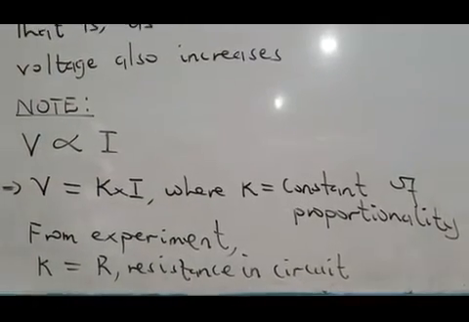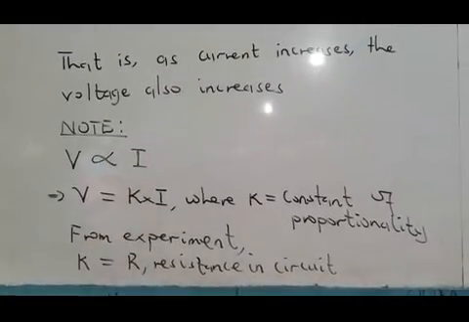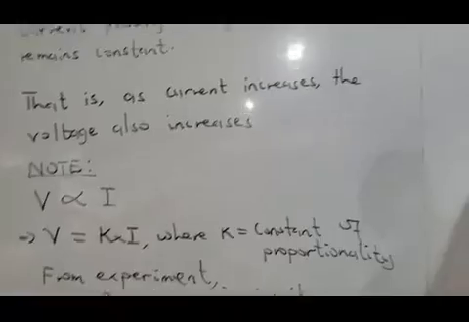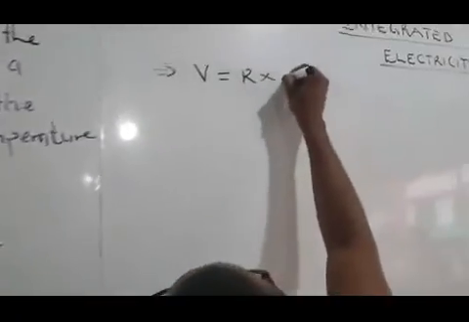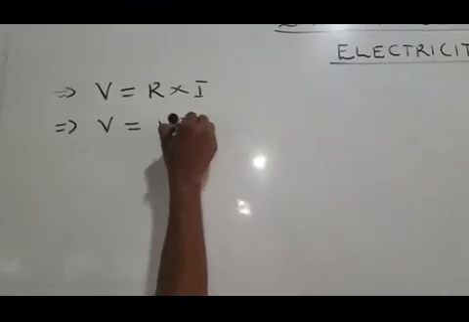So when you replace the K with R, your V equals R times I, which implies that V is equal to IR.